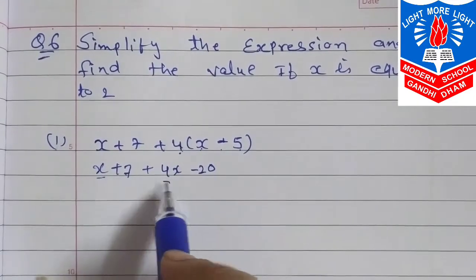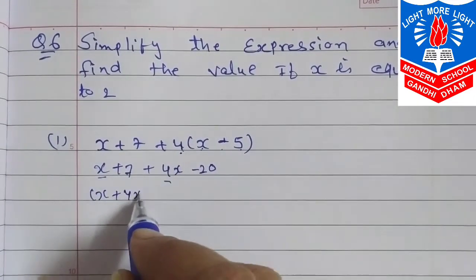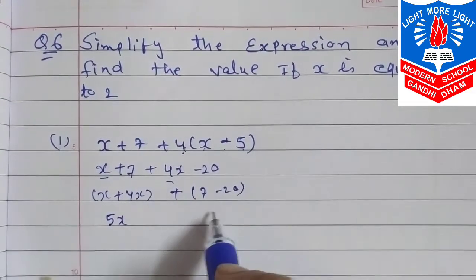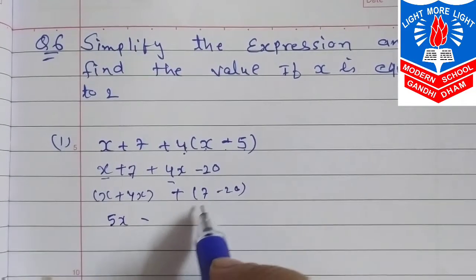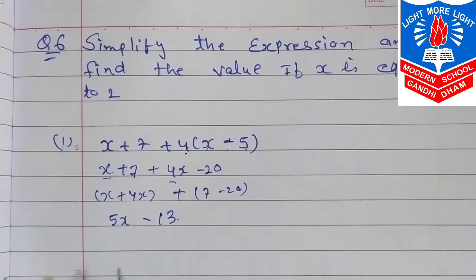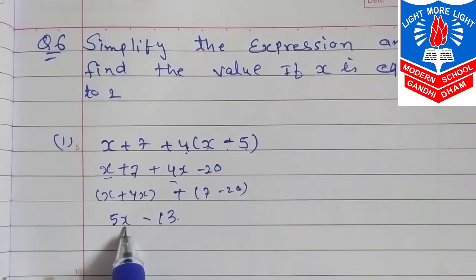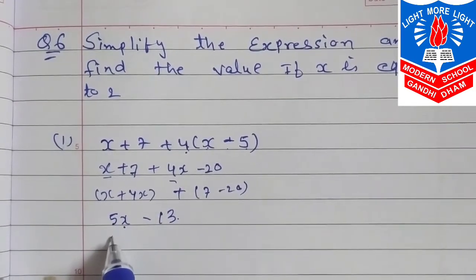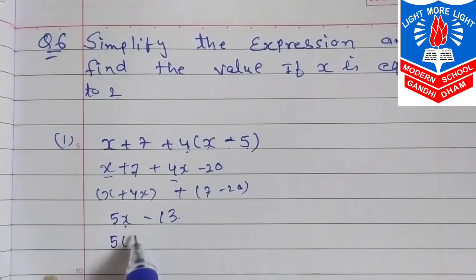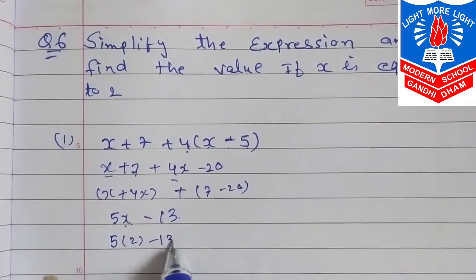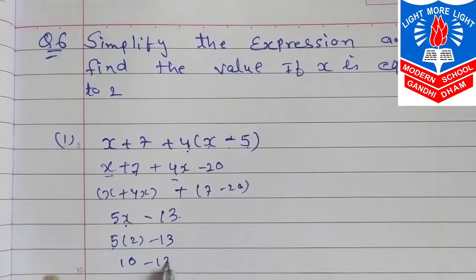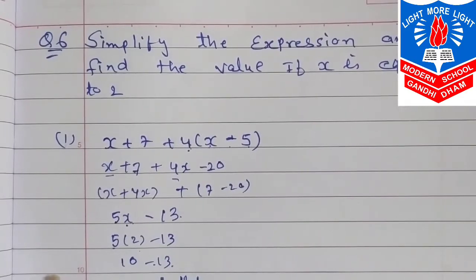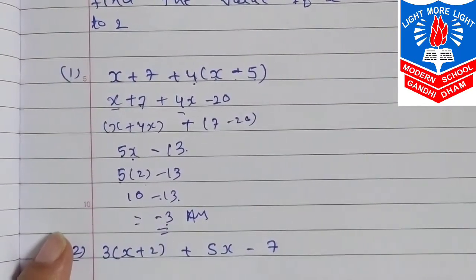Then arrange like terms: x plus 4x, plus 7 minus 20, so 5x, and here 20 minus 7 is minus 13. Here the value of x is 2. So we keep the value of x: 5 into 2 minus 13, 5 2s are 10 minus 13 is equal to minus 3. Bigger integer is 13, so I keep the sign minus, 3.